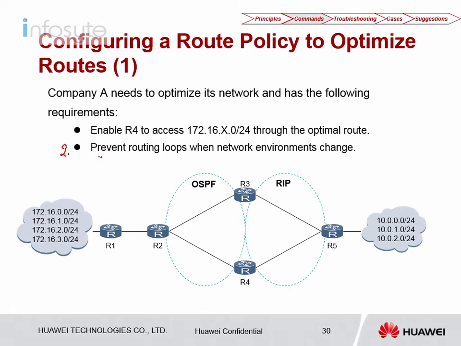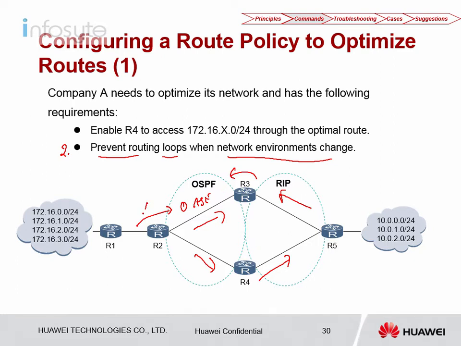So the second requirement is to prevent routing loop when network environment changes. So in this example, assuming that R2 is importing a route into OSPF as an OSPF E2 route. Due to certain reason, this network that is being sent disappears, and R4 is still sending this to R5, and R5 is still sending the RIP route to R3, and R3 imports the route from RIP back into the OSPF.